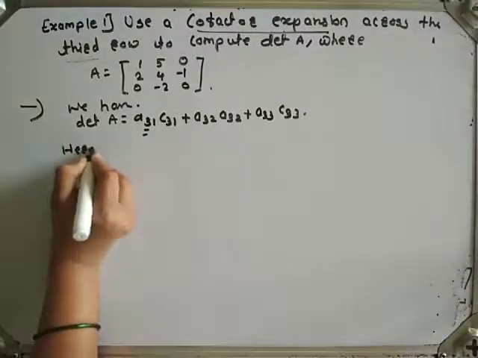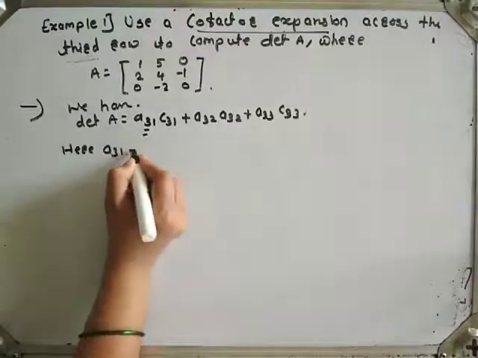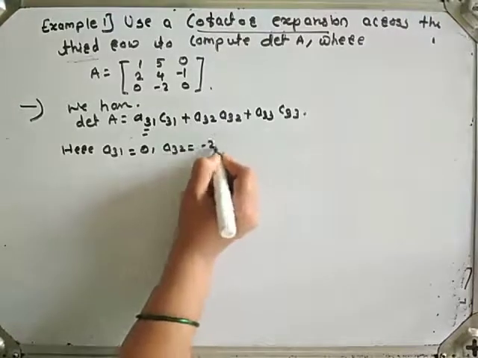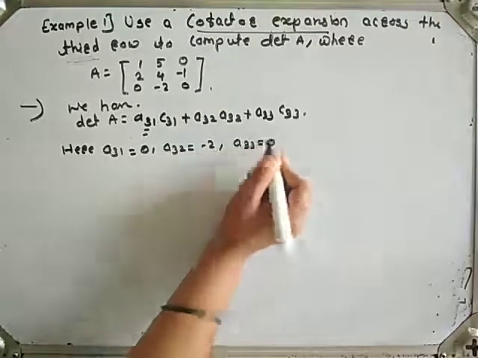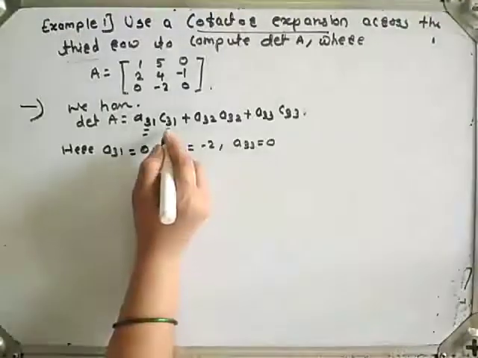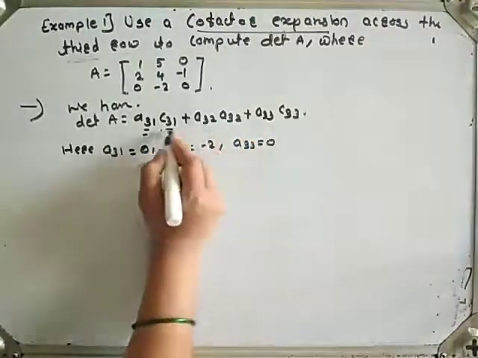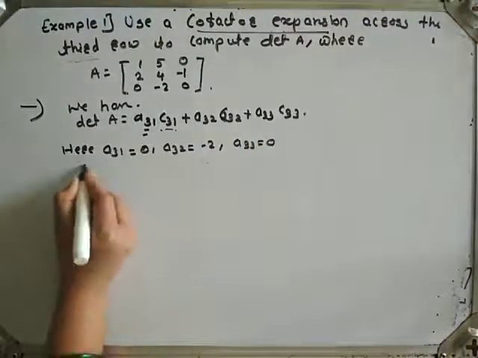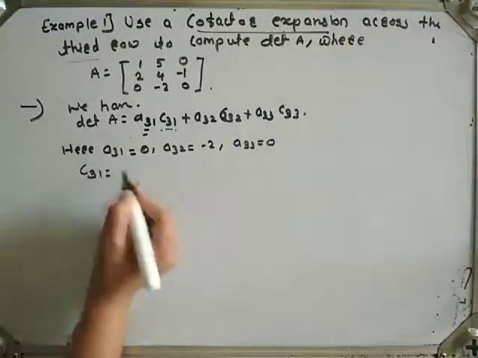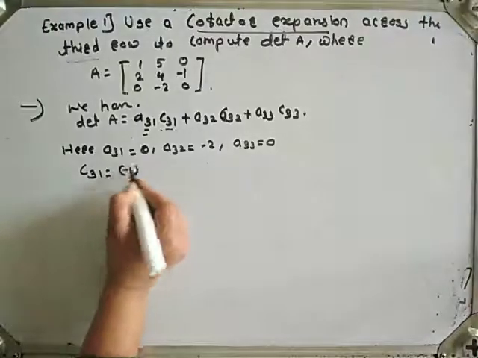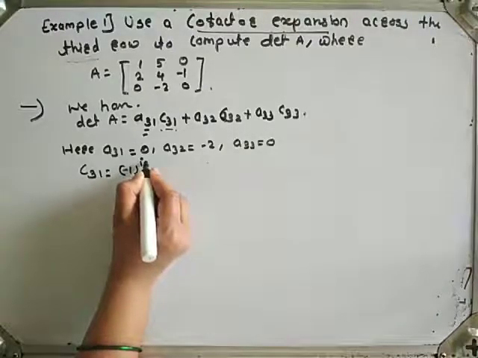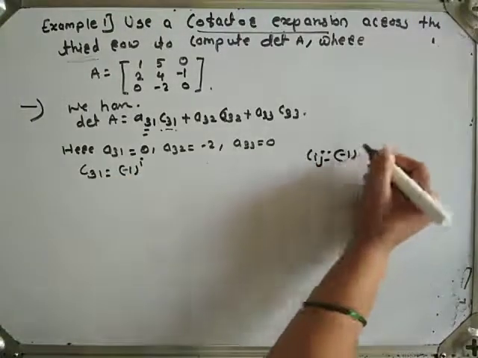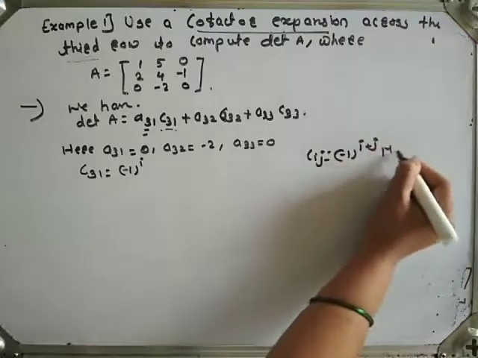Here A31 is equal to 0, A32 is equal to minus 2 and A33 is equal to 0. Now we have to compute C31, C32 and C33. Cij is nothing but minus 1 raised to i plus j into Mij.